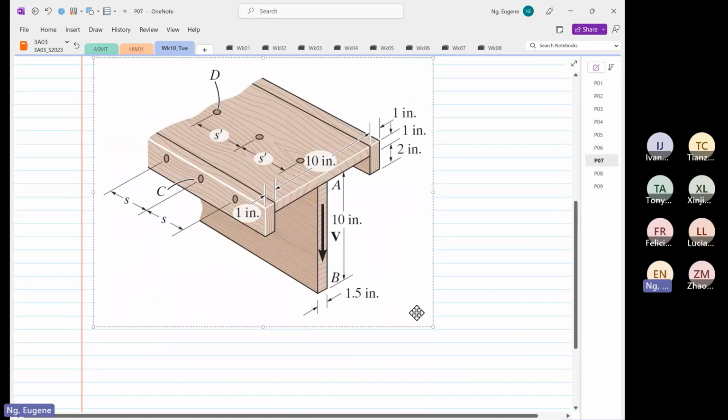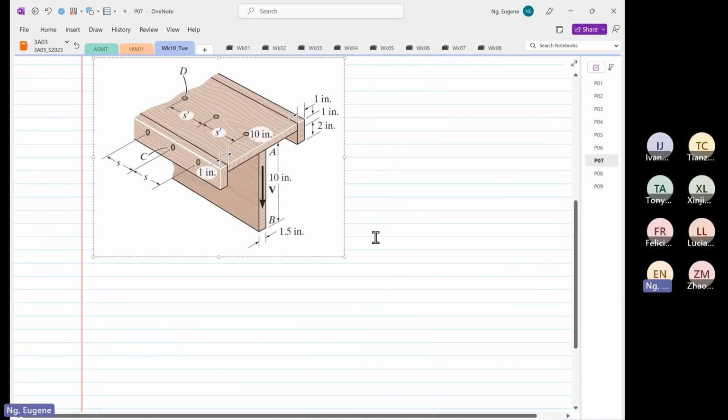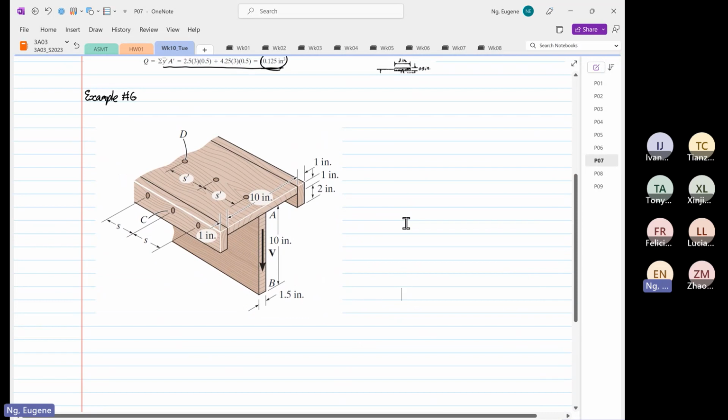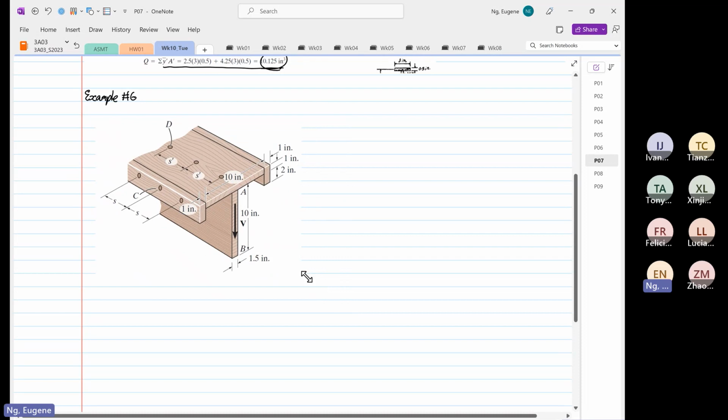So this one, I'm glad that I've taught all of you how to do thin wall first, before we come to this problem.